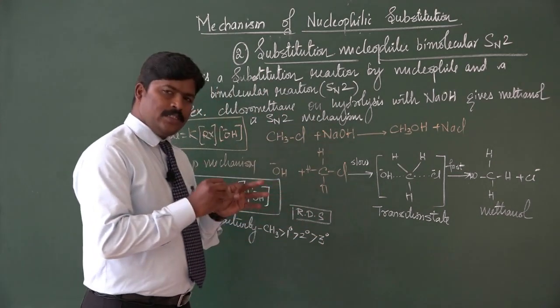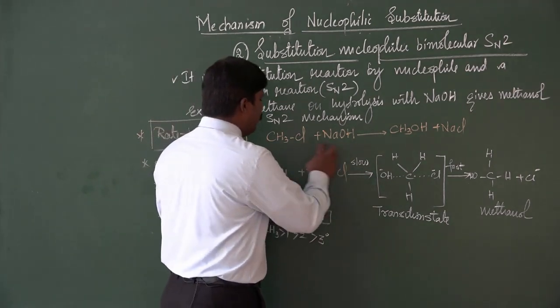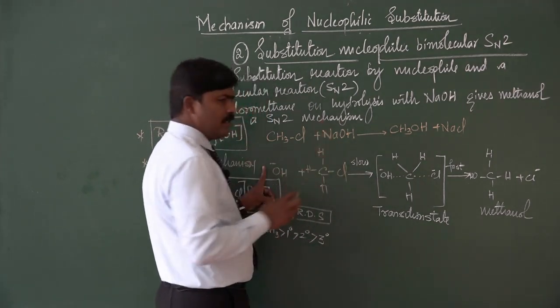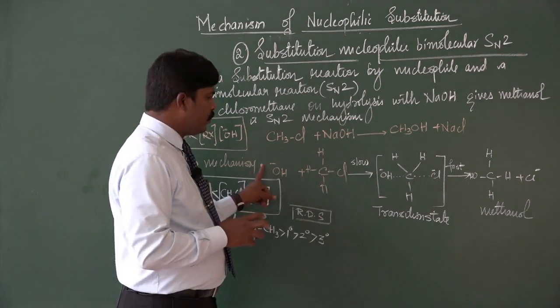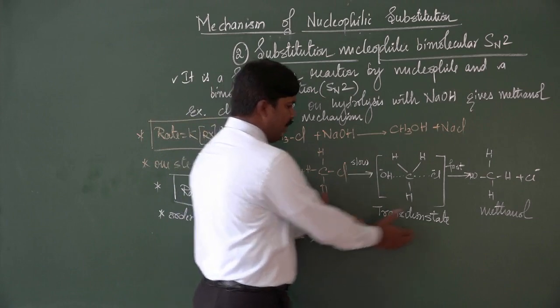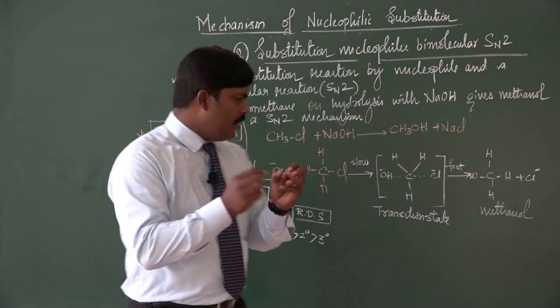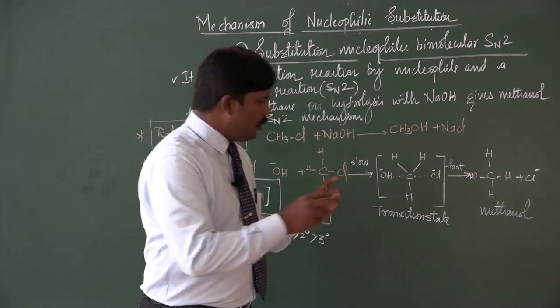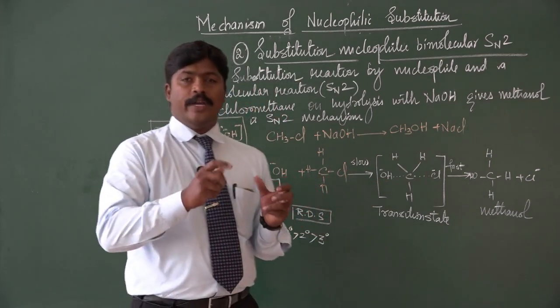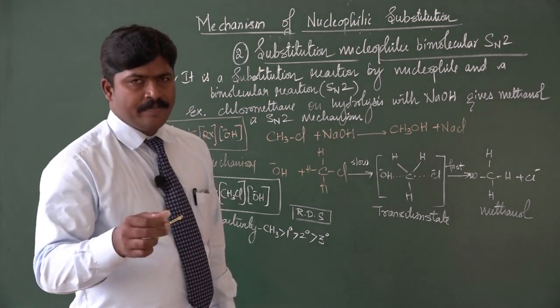I told you OH is a nucleophile. It attacks the carbon bearing a partial positive charge, C delta plus. Both are involved in the slow step, therefore it is called the RDS, and it attains a transition state. The transition state lasts a small span of time and quickly forms a product, therefore the C-OH bond becomes stronger and the C-Cl bond becomes weaker in the product.